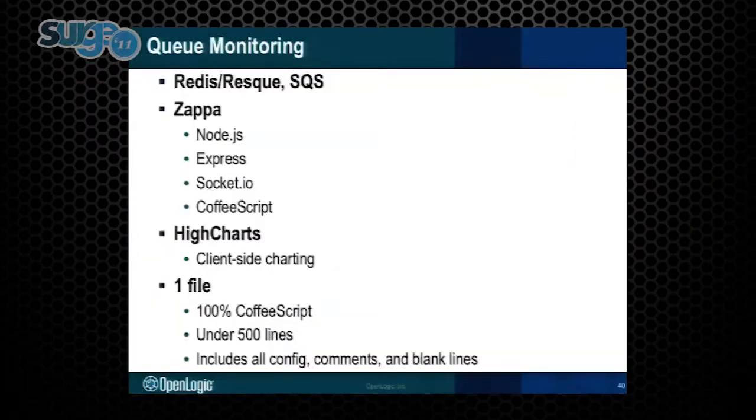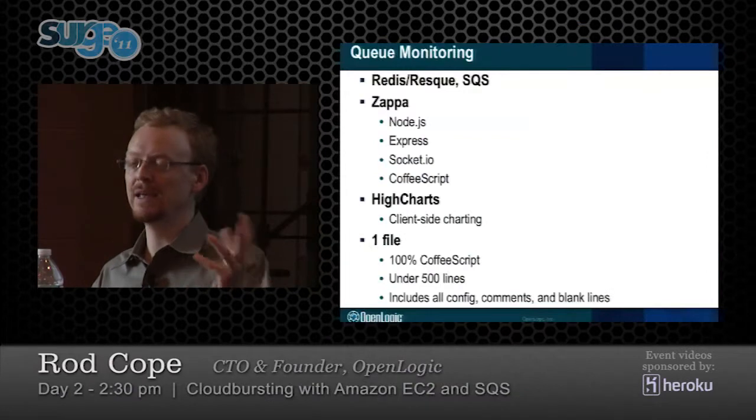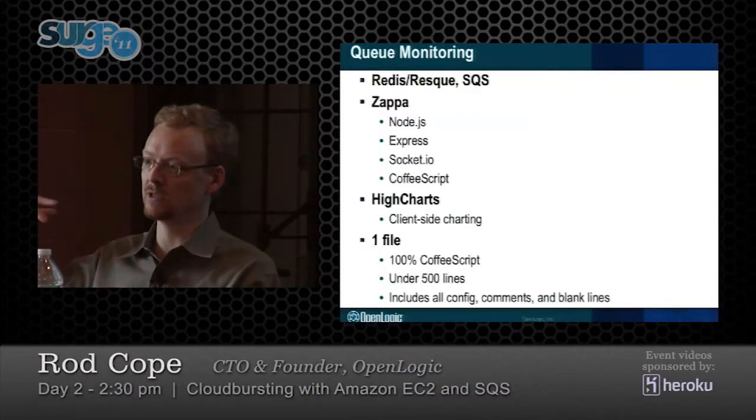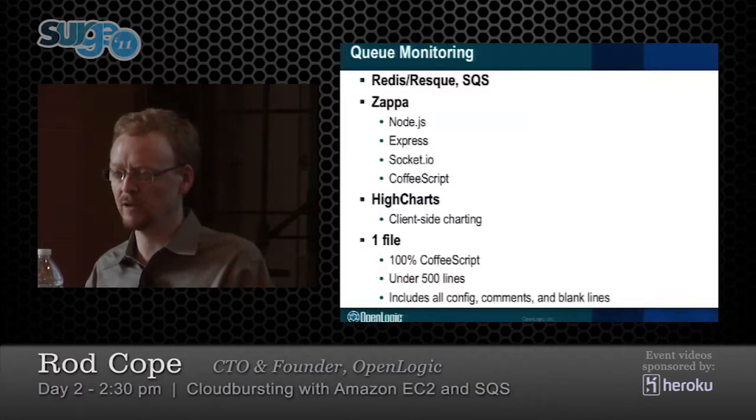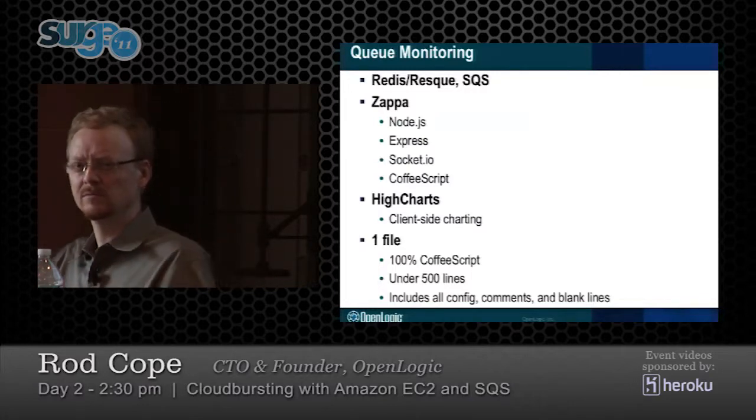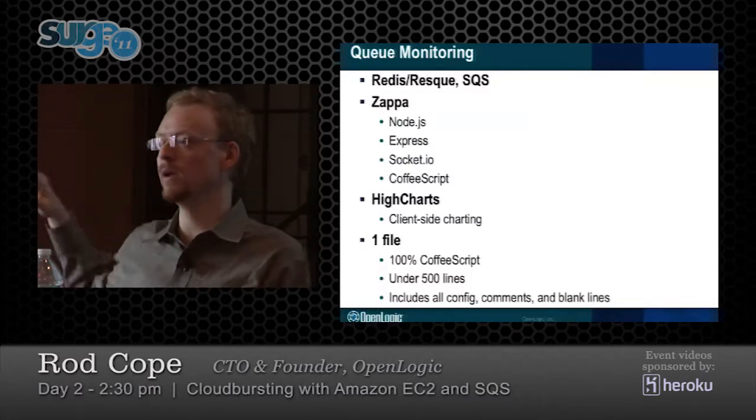Now, there are a lot of moving parts. So on the monitoring side, something we built, a pretty simple little thing based on getting counts out of Redis and Resque and counts out of SQS to be able to see what's going on visually, sort of real time. Something called Zappa. Anybody familiar with Zappa? No, wow, nobody.